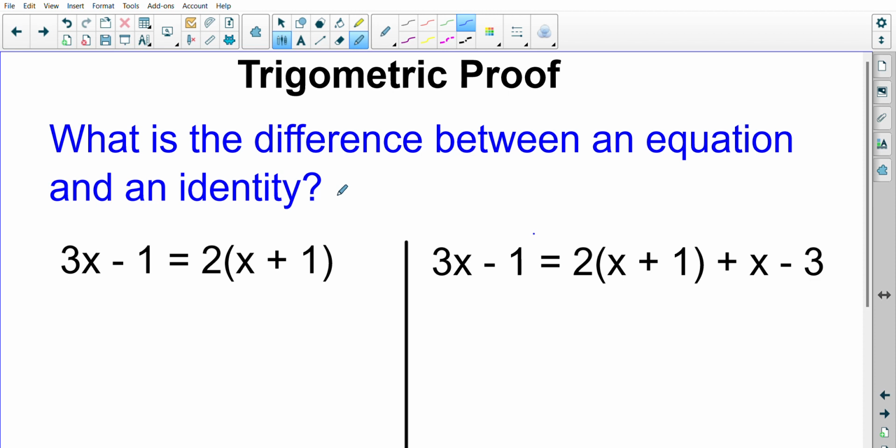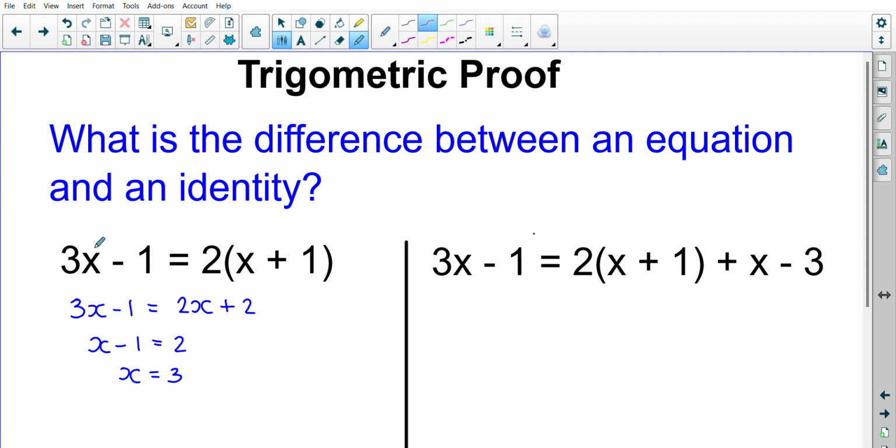So if I start off with this equation on the left, if I wanted to solve this, I'll expand the right-hand side, take 2x from both sides, add 1 to both sides, and I get this, x equals 3. So that means when I input x equals 3 into both sides, I should get the same thing.